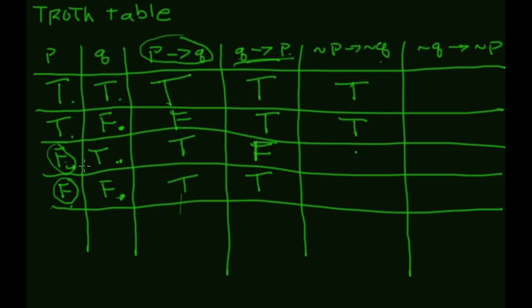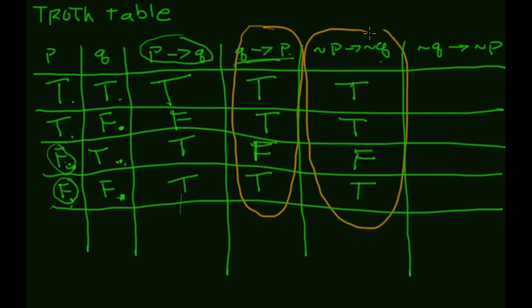Because this is not Q. So true, false makes this false. And not P is true, not Q is true. True, true makes this true. Note, very important. The converse and the inverse have identical truth values, which means that this is true whenever this is true. These two have the same truth values.